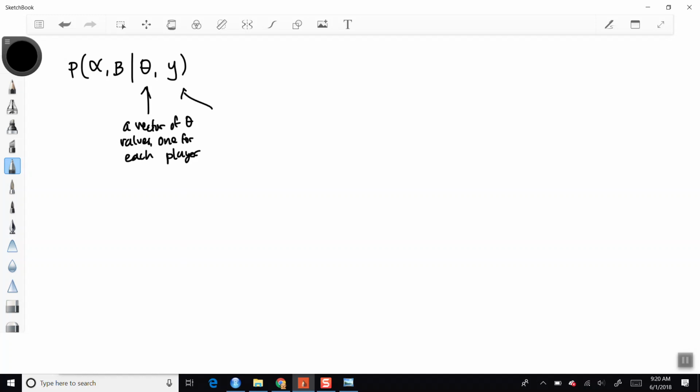So the probability of alpha and beta given theta and y. Keep in mind, this theta is a vector of theta values, one for each player. And over here, the y is a vector of data, one for each player.